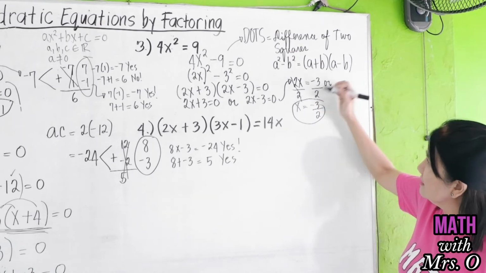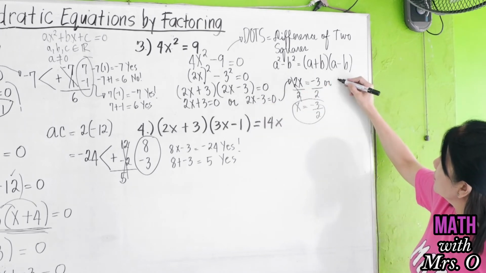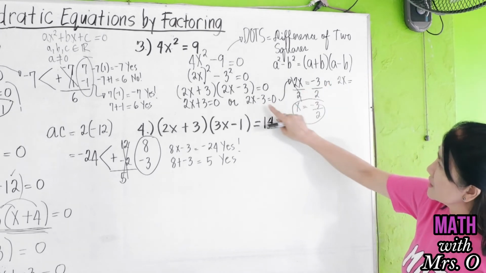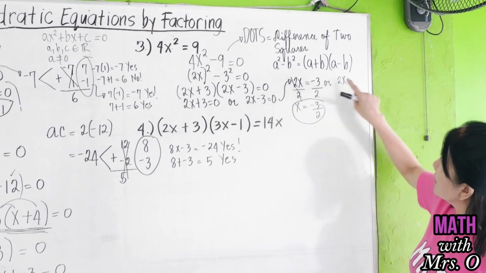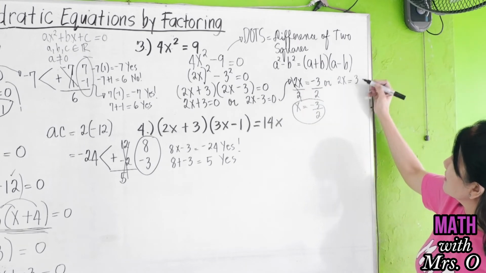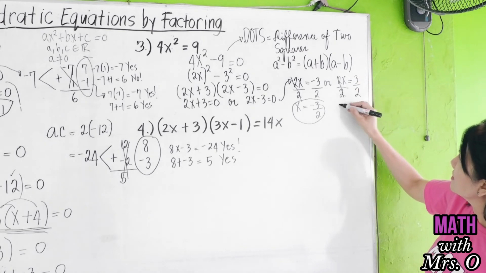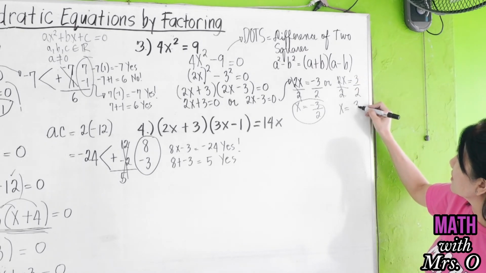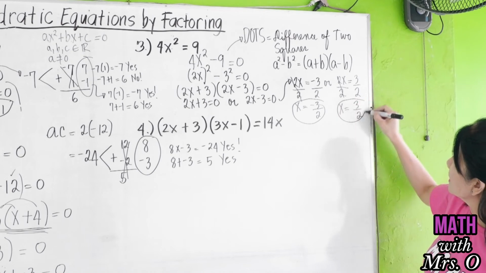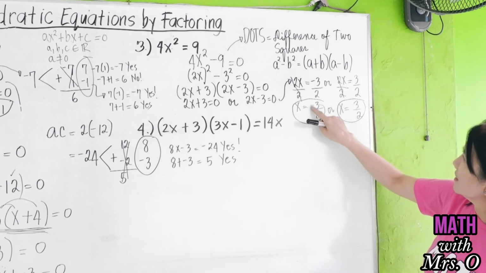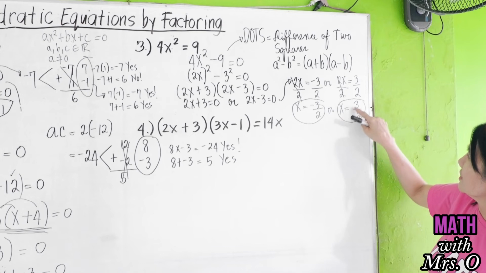Or the other side, 2x is equal to, this is negative 3. When you transpose it to the other side, it becomes 3. Divide by 2. There, cancel this. So x is equal to 3 halves. So x equals negative 3 halves, or x is equal to 3 halves.